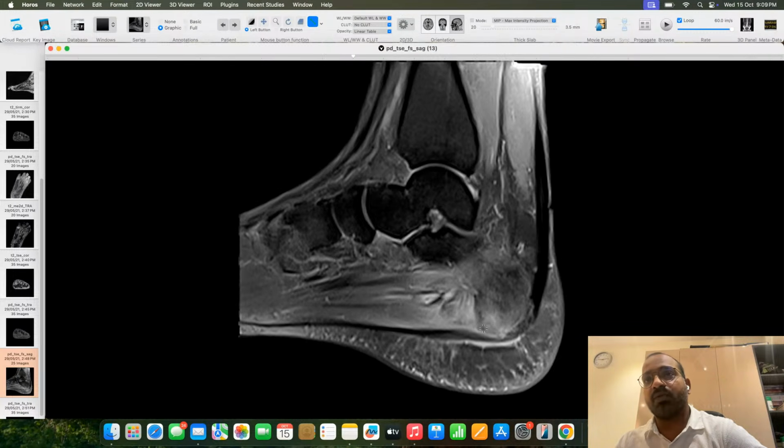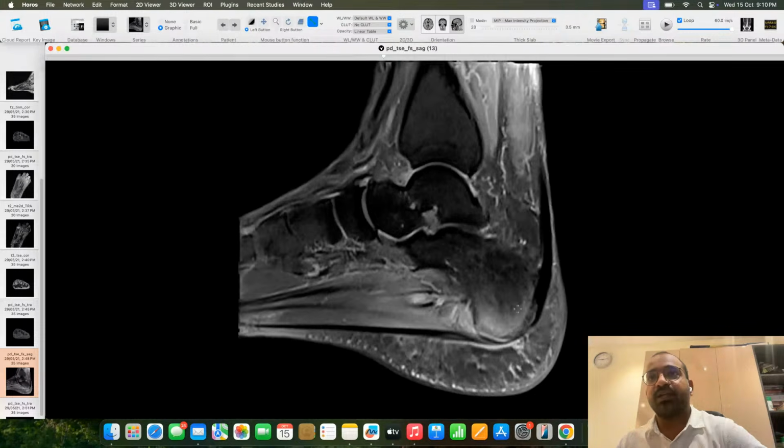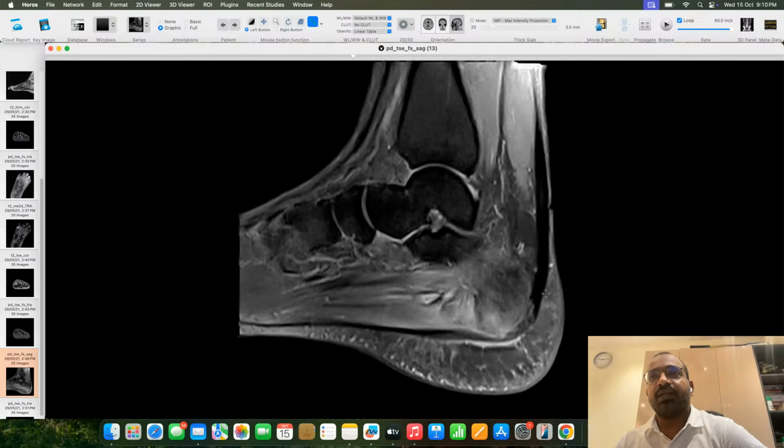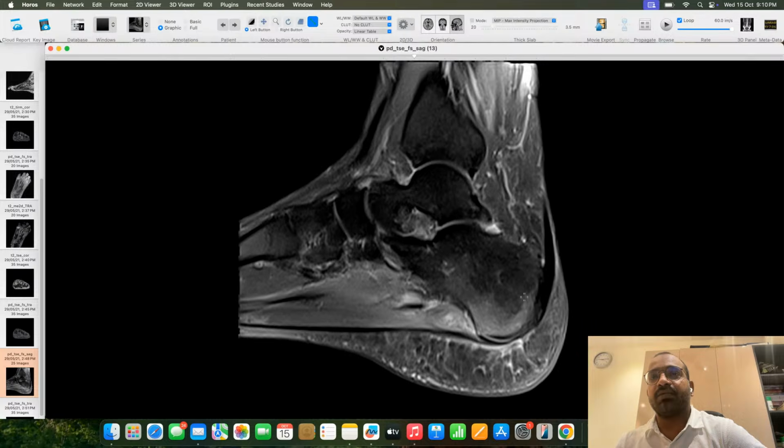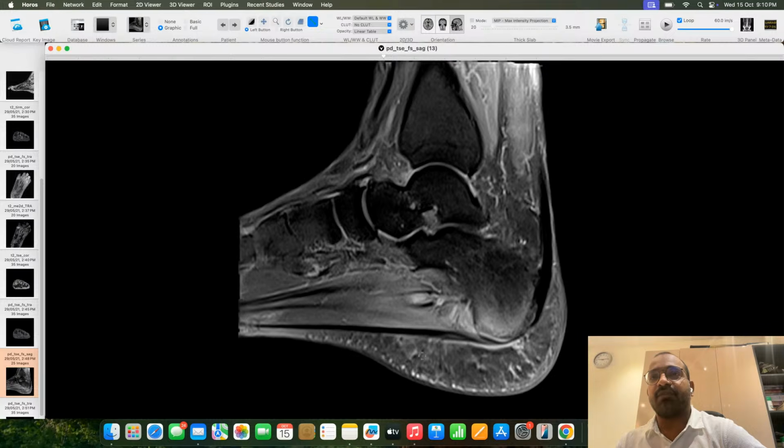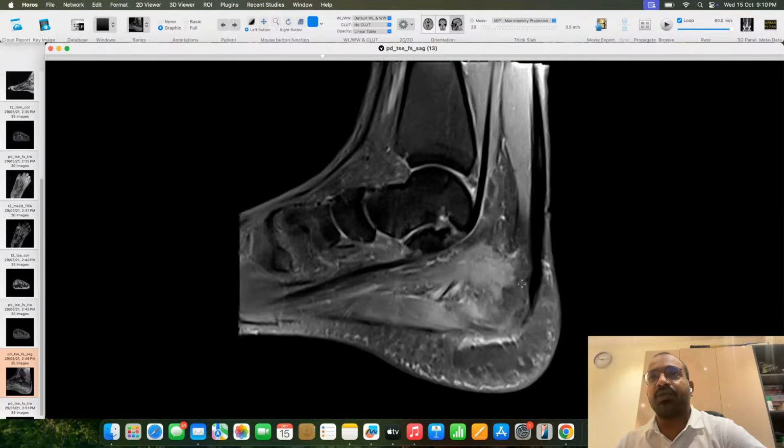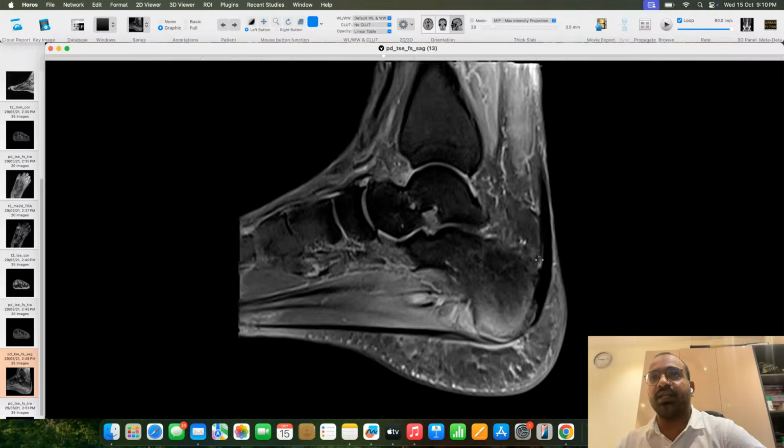You can see this is the marrow edema and underlying bone. This is the thickened plantar fascia. So other than that, what are other structures we'll look at? Sometimes the patients with plantar fasciitis, most of the times they have retrocalcaneal bursitis and Achilles tendinitis.